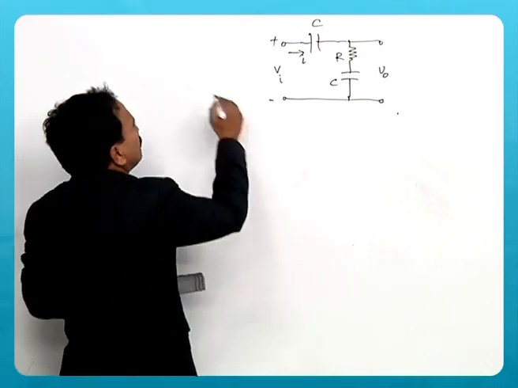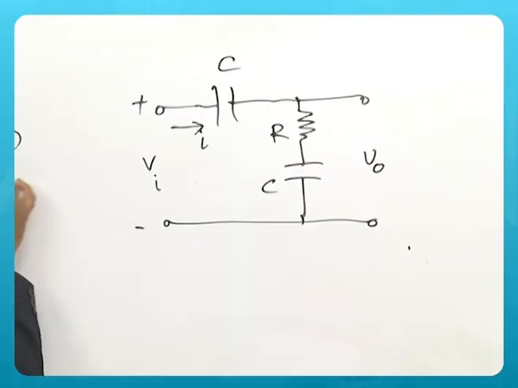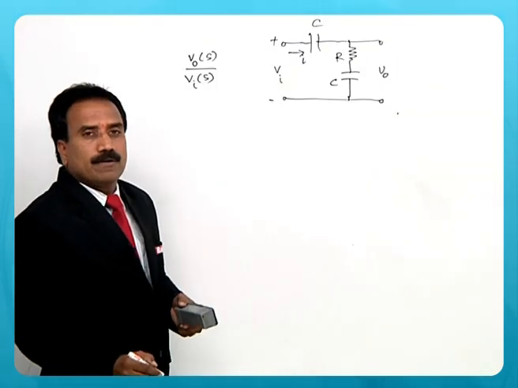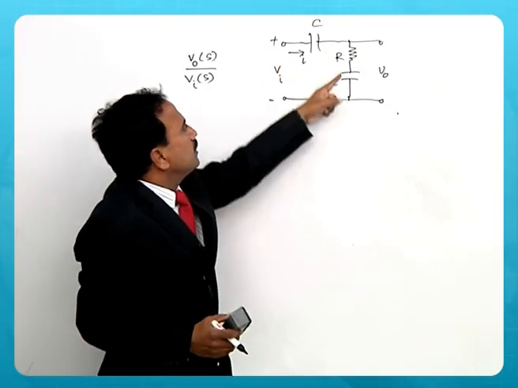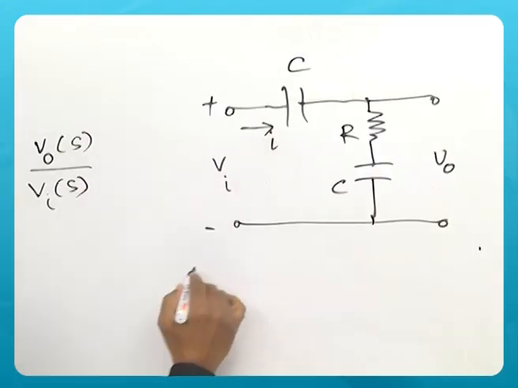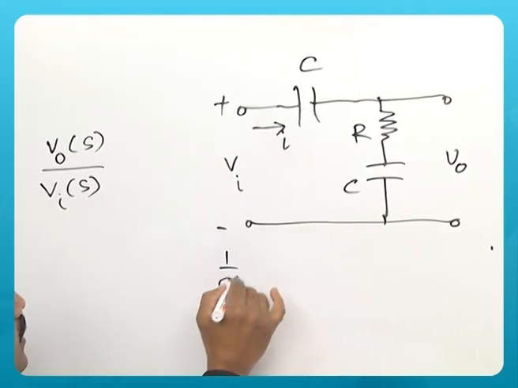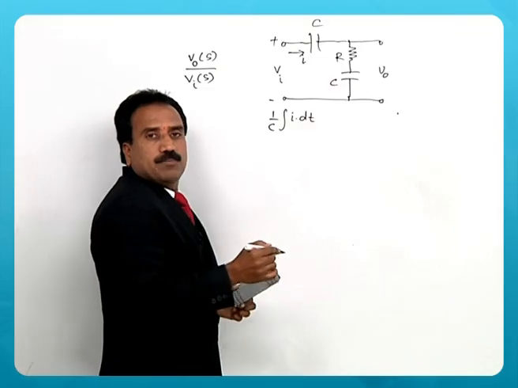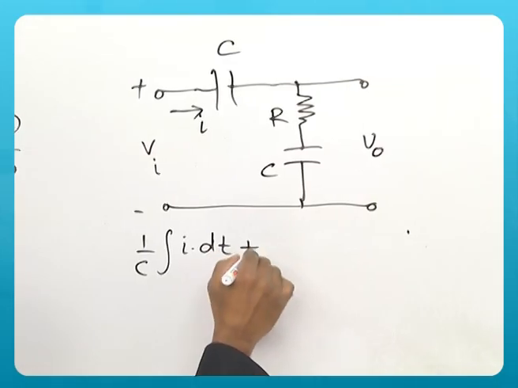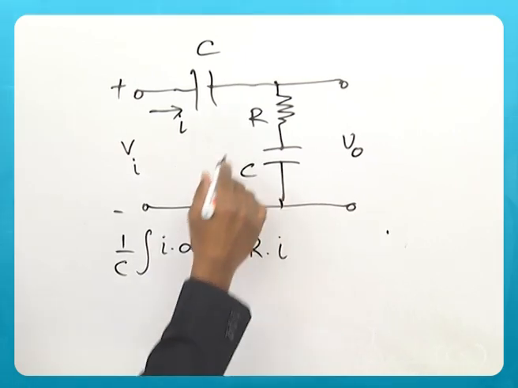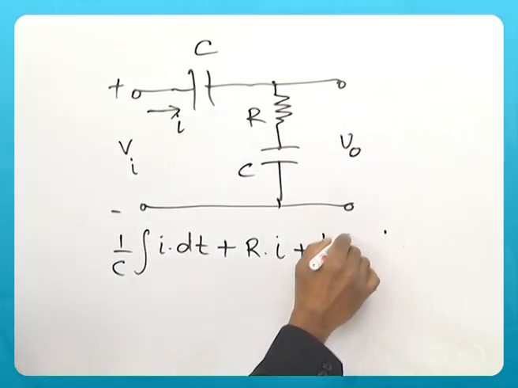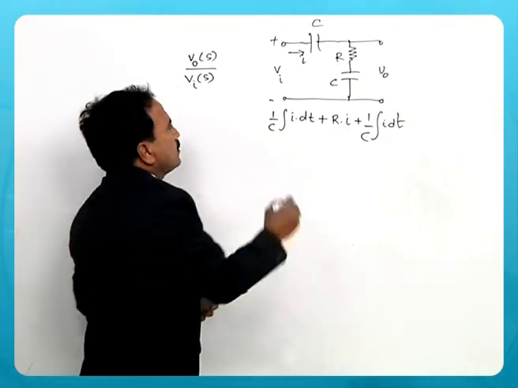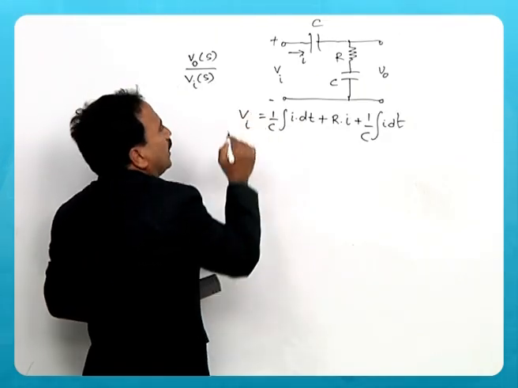Again the question is the same, find the transfer function V0 of S by Vi of S. No change in the first equation. Of course you can now write 1 by C integral I dt, the voltage across this capacitor, plus R into I plus 1 by C integral I dt, the voltage across this, is equal to Vi.